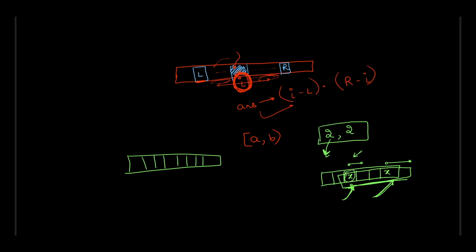Then this element will definitely contribute to that subarray, but this element will also contribute to that subarray, since you are only looking at the bitwise OR. So that is why in these kinds of problems, a very common trick is to ensure that there are no duplicates present. So you define a strict ordering between the elements.